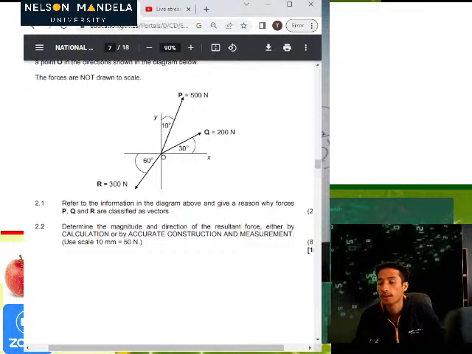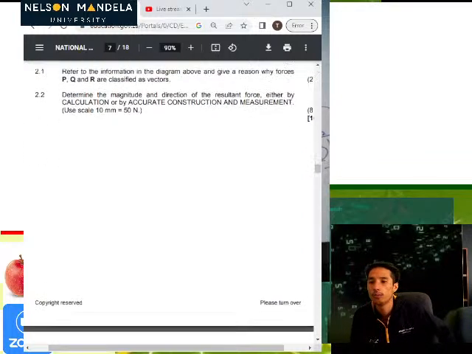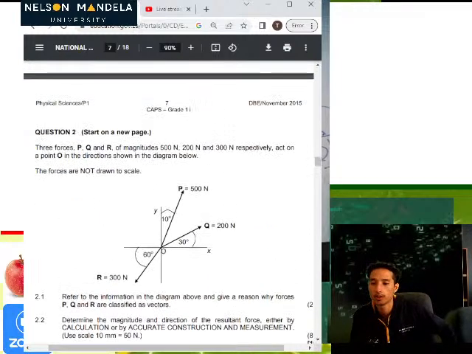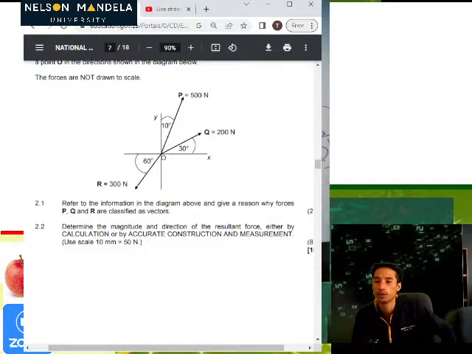Since they have a direction, for example Q has an angle of 30 degrees with respect to the x-axis and the terminal arm, then we know that this quantity Q is a vector, and similarly we can rationalize the same judgment for P and R.